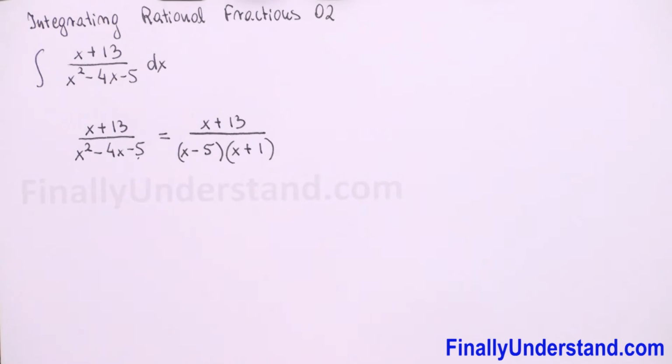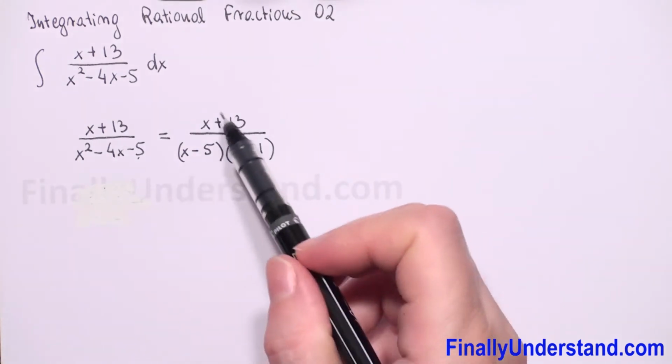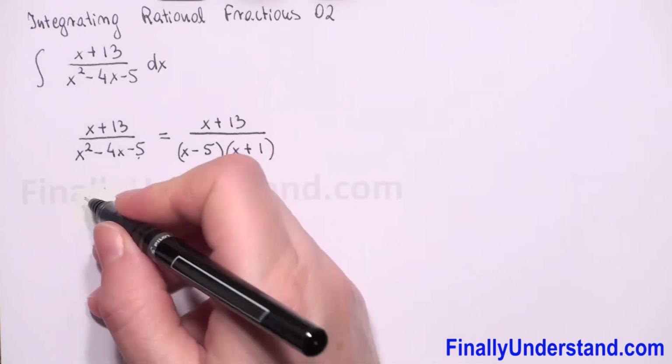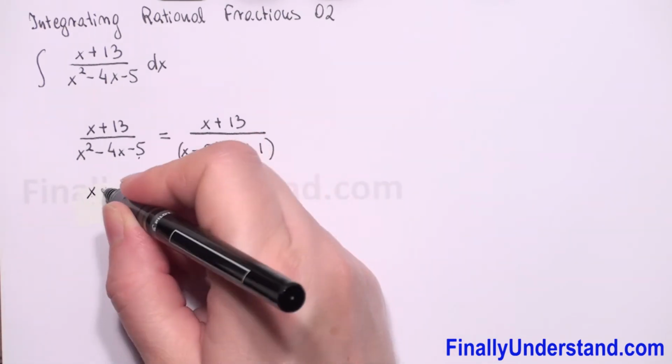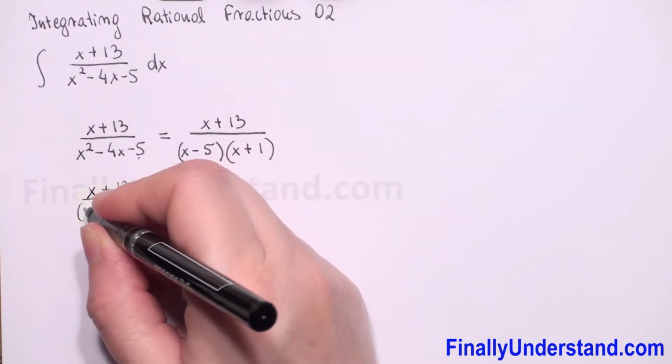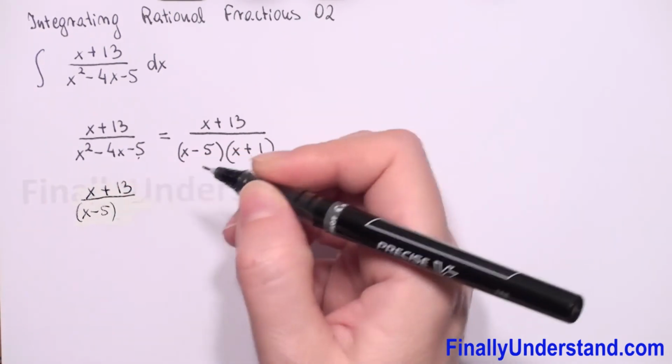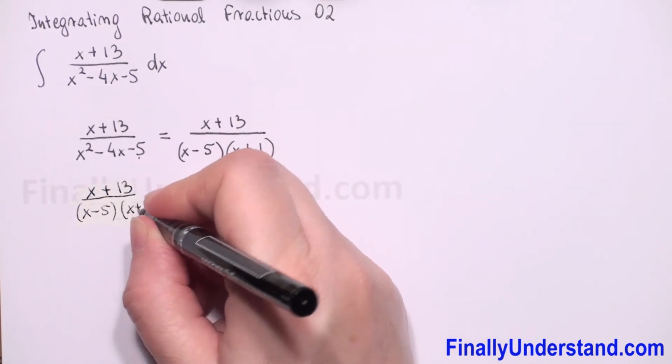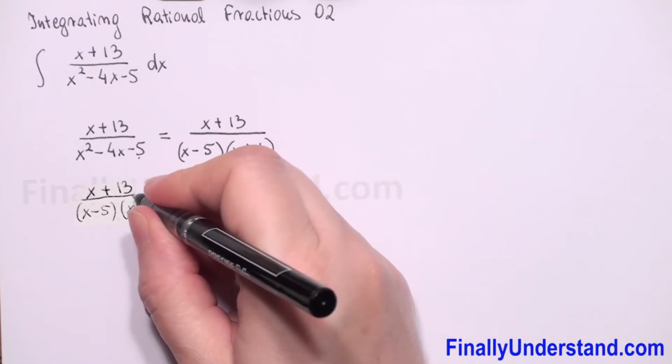So now, in a case like this, where the numerator has a smaller degree than the denominator, we can write the given rational fraction as a sum of partial fractions. So let me copy our right side. We have x plus 13 over x minus 5 times x plus 1.